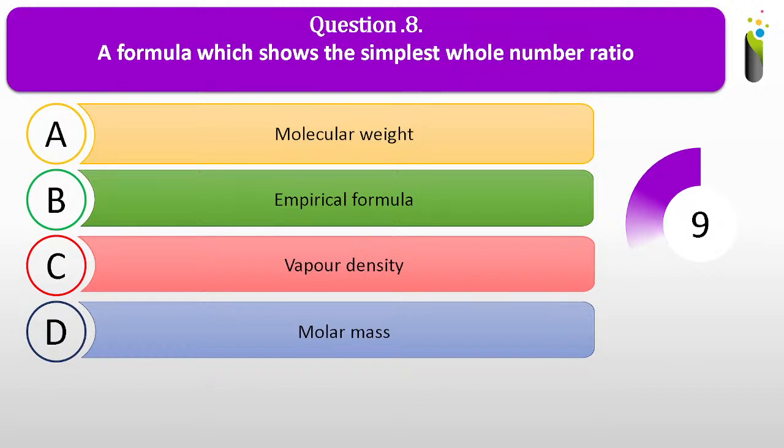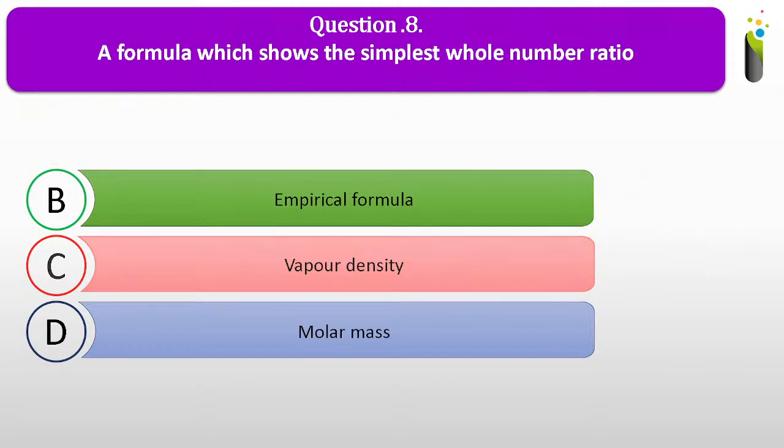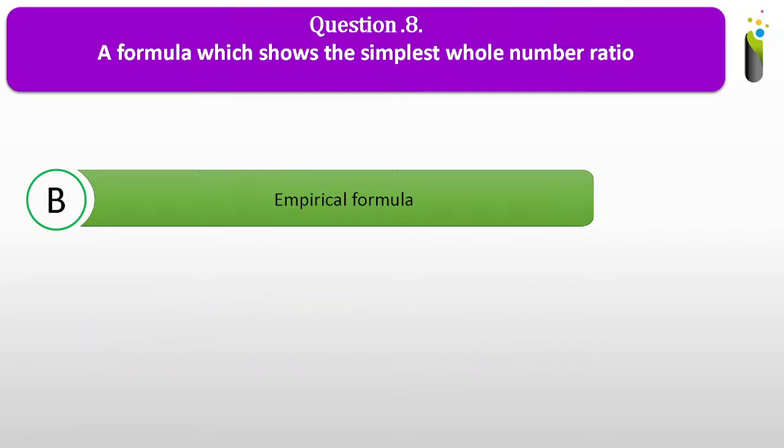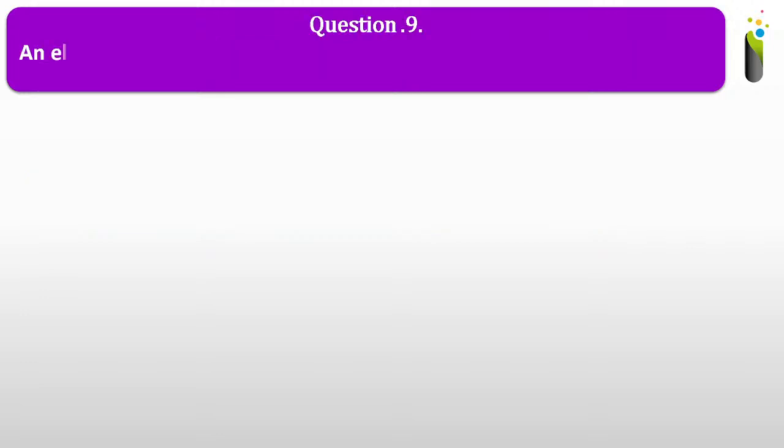Answer me for question number 8. So the correct answer for this question is B, that is empirical formula. So the empirical formula shows the simplest whole number ratio. Coming to the next question number 9.